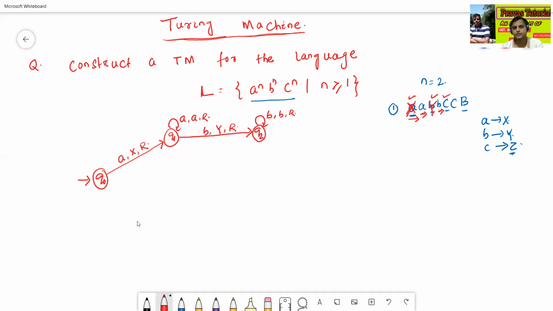Then Q2 reads the first C and writes Z, moving towards right, then goes to Q3.